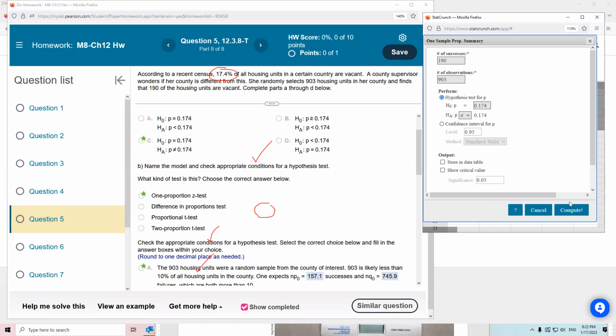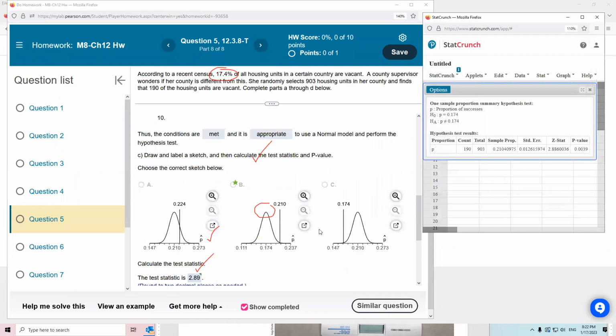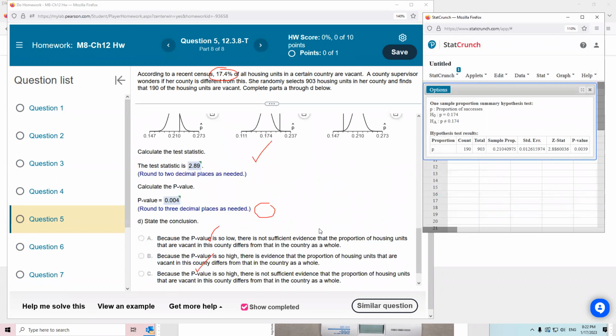So this is my setup. I'm going to click compute. And here's the test statistic. Looks like it's 2.89. Here is the p-value, 0.004.